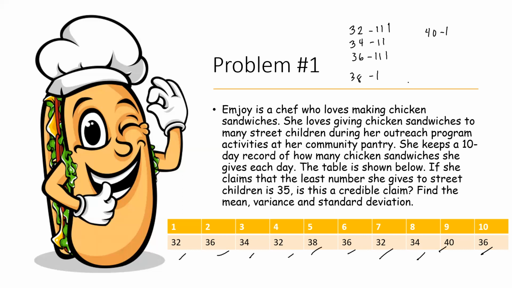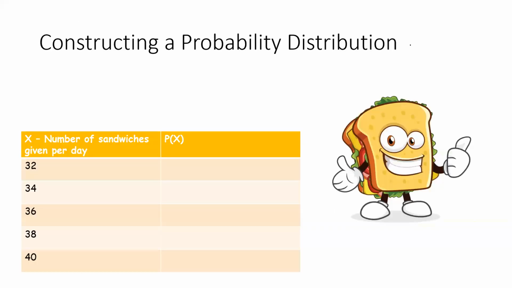Based on the number of tick marks, 32 is 3, while 34 is 2, while 36 is 3, 38 is 1, and 40 is 1. So this is the number of every desired outcome here. Now we're going to create a probability distribution. Given the number of sandwiches given per day, the total outcome is 10.